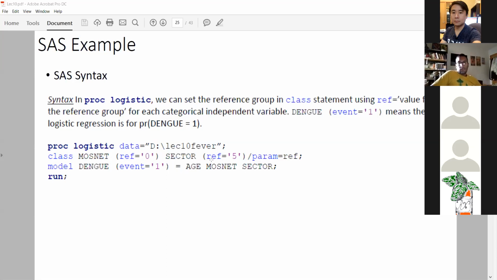The take-home message for you is that you can use this standard, this norm, for all class statements. It doesn't have to be in proc logistic. It can be in proc REG and in proc GLM. Okay. And then I have another question.